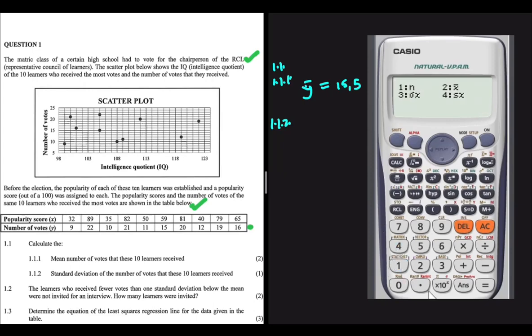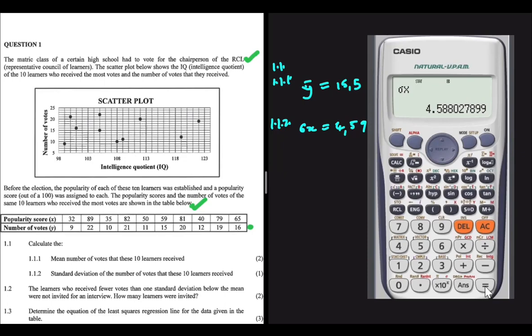And then now we press standard deviation, which is option 3, right? In your calculator, it might be a different option, but as long as you choose the correct option. Equals, and I'm getting 4.59 if I round it off to 2 decimal places. So our standard deviation is equal to 4.59 rounded off to 2 decimal places.